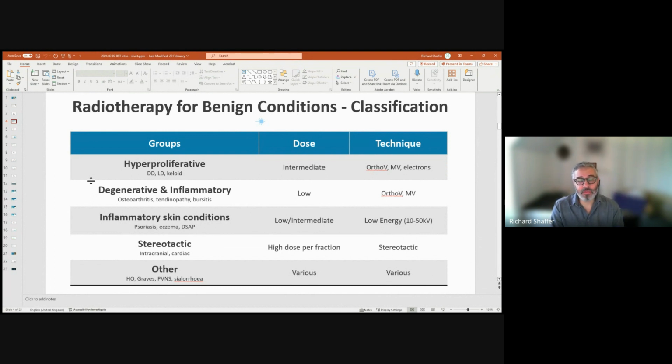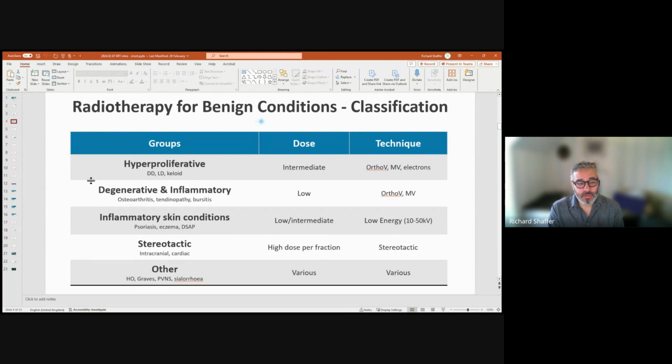And things like difficult to treat psoriasis, particularly on the scalp, on the palms and the soles, hand and foot eczema, and various other rare conditions, including DSAP, which is disseminated superficial actinic porokeratosis. And we use low to intermediate doses of radiotherapy, but importantly, we use quite low energies of superficial X-rays at the sort of 10 to 50 kV range, 10 kV being called Grenz rays.